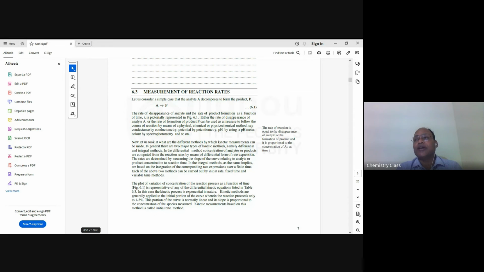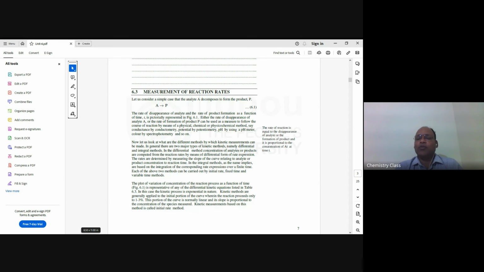Let us consider a reactant A decomposing to give a product P. The rate of disappearance of the analyte, and of C. Particularly you will take reactant A. Two reactants, A and B, give rise to products C and D. Let's have A plus B giving C and D.